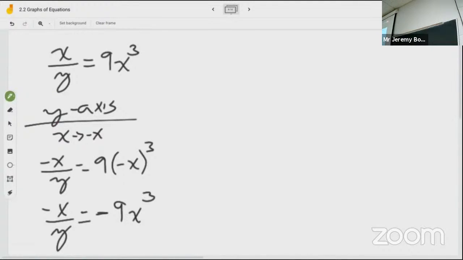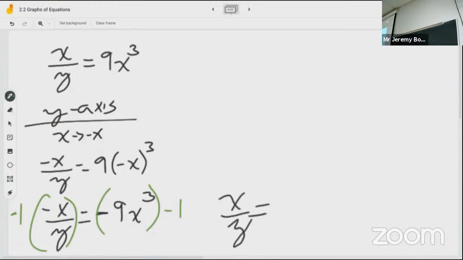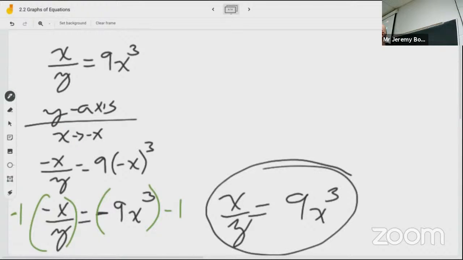Times negative 1, right? Both sides are negated. They're negative of what they need to be. And so if I multiply or divide both sides by negative 1, if it doesn't get me there, I mean, we start back and try something new. But if it does get me there, then good. So this is going to be what? Just x over y is equal to 9x to the third. Yeah, so that would match my original. So this is symmetric with respect to the y.